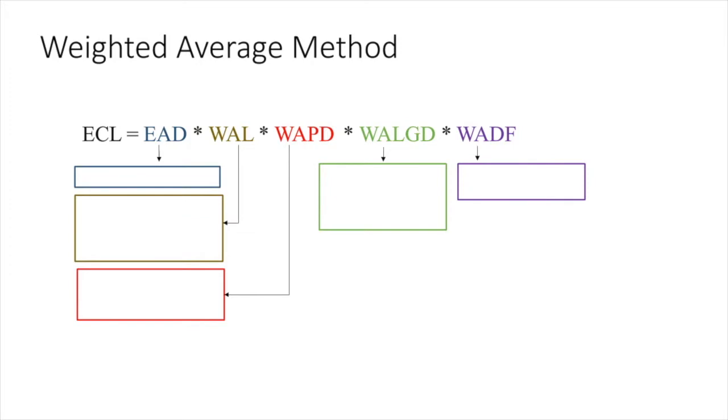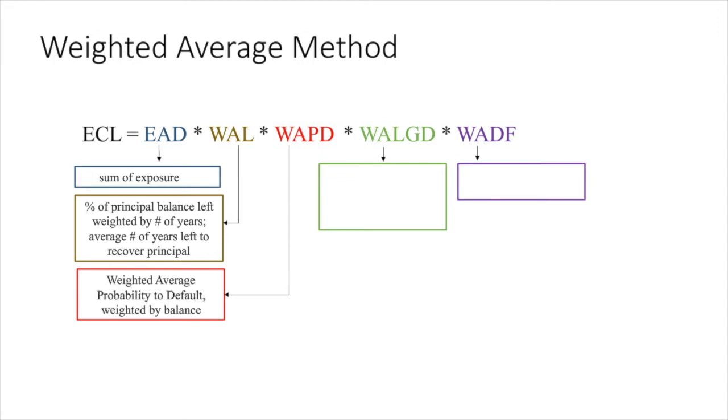This next slide now shows how we can use the weighted average methodology to also come up with a similar ECL calculation and attribute the different risk factors in a method analogous to the contract level. So for the weighted average method, the ECL is a product of the sum of exposure or the cash flow times the weighted average life, which is the average number of years that are left to recover the principal outstanding amount.